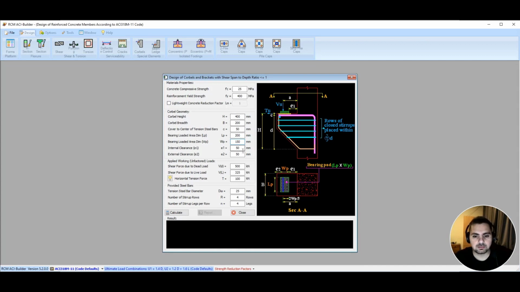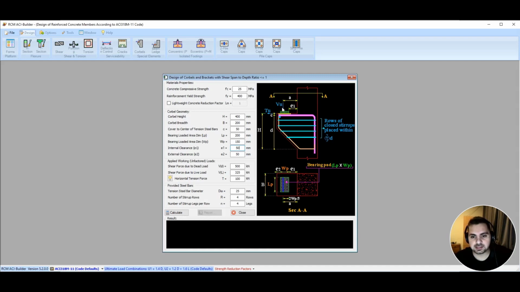Now, the software is asking me for E1 and E2. We can see here, this is my E1 and this is my E2. The distance from my column to the beginning of my steel plate is E1.